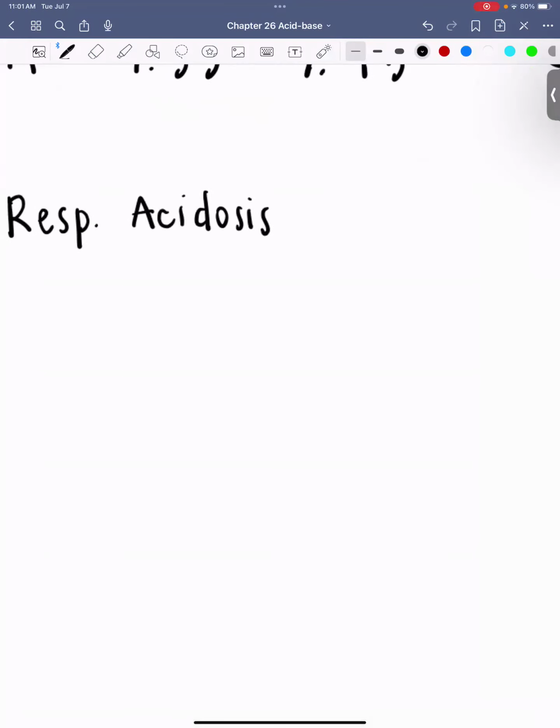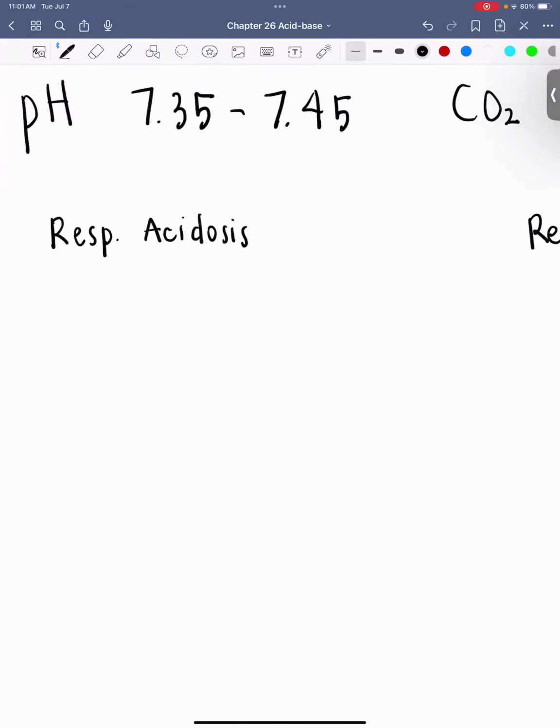So by definition, acidosis means that the pH is low. So it's going to be less than 7.35. We're going to indicate that that's low. In respiratory acidosis, the CO2 is going to be greater than 45.